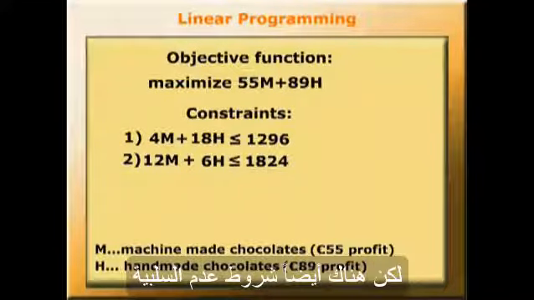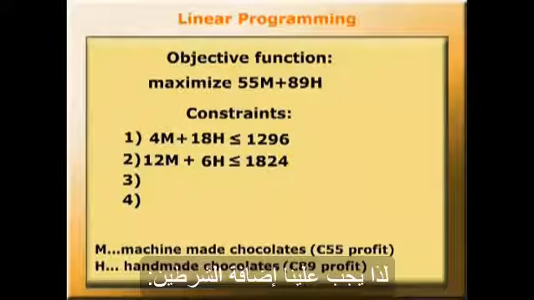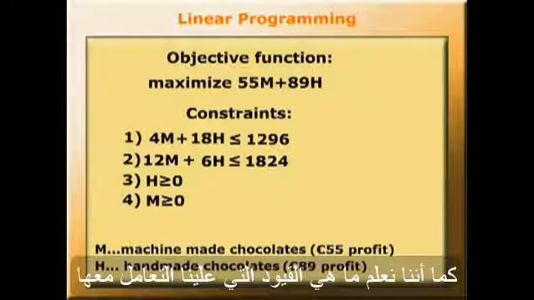But there are also some non-negativity constraints. Batches of each type can't be less than 0, so we also require that H is equal to or greater than 0, and M is equal to or greater than 0. We now have an objective function, and we know what the constraints are within which we have to operate.